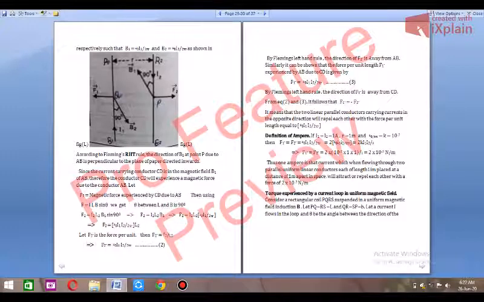Thus 1 ampere is that current which, when flowing through two parallel uniform linear conductors, because we have put the currents I1 and I2 equal to 1 ampere, each of length 1 meter, and placed at a distance of 1 meter apart from each other, will attract or repel each other. As I told you, if the current is in the same direction they will attract, and if it is in the opposite direction they will repel.